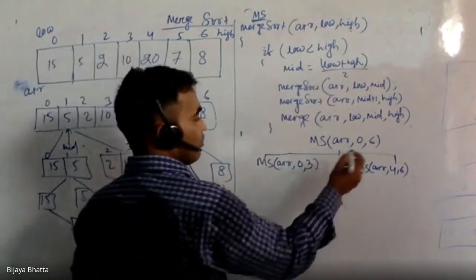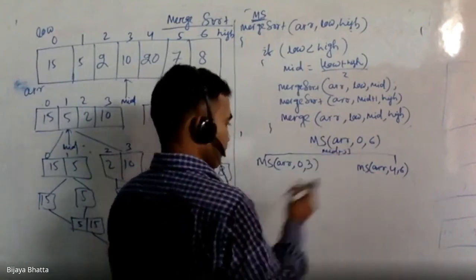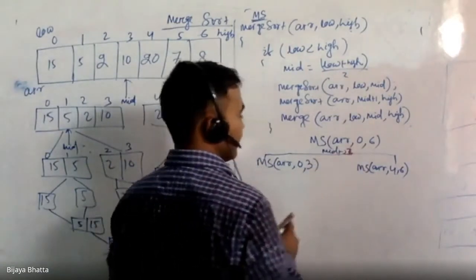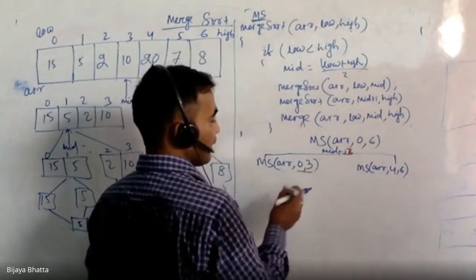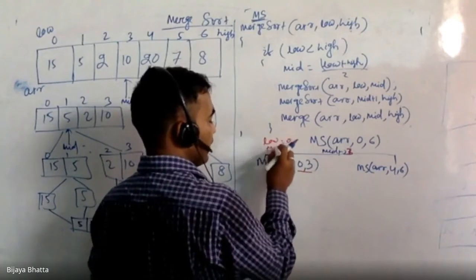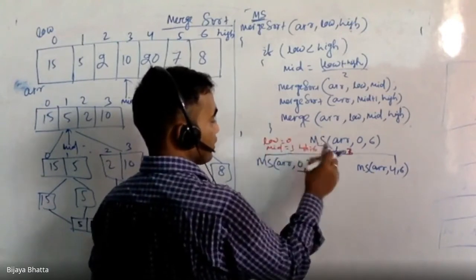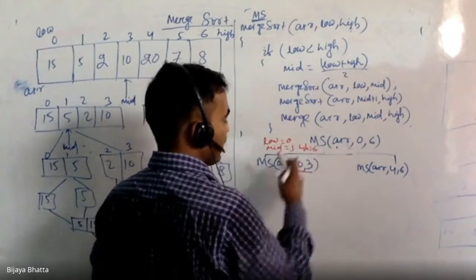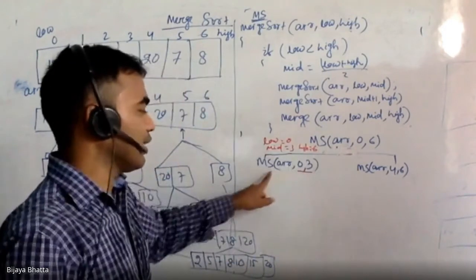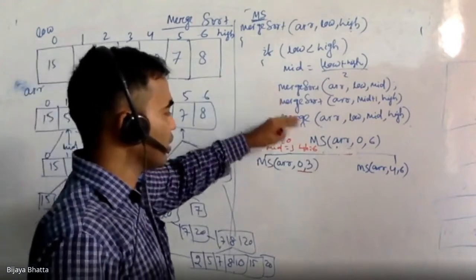Once you find mid as 3, mid is 3 means low to mid. So let me write it: low equals 0, mid is 3, high equals 6, right? That's how this array is divided. If you know recursion, then first of all, it will not go to the right part.